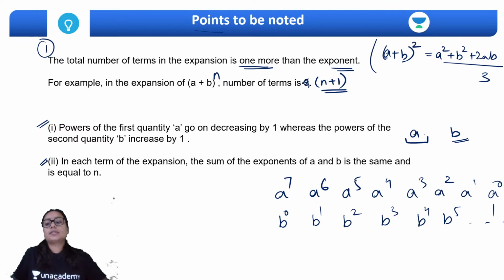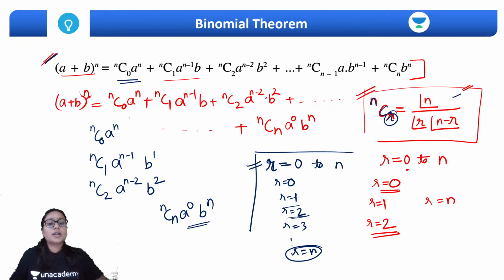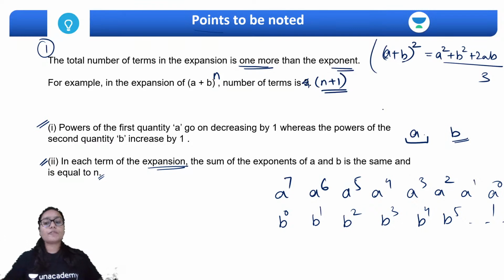Let's see the next statement. It says that in each term of the expansion, the sum of exponents of a and b is always the same and this is equal to n. Let's go back and check. Here we always see n, n minus 1, n, n minus 2. So the sum of the exponents of a as well as b is always equal to n.